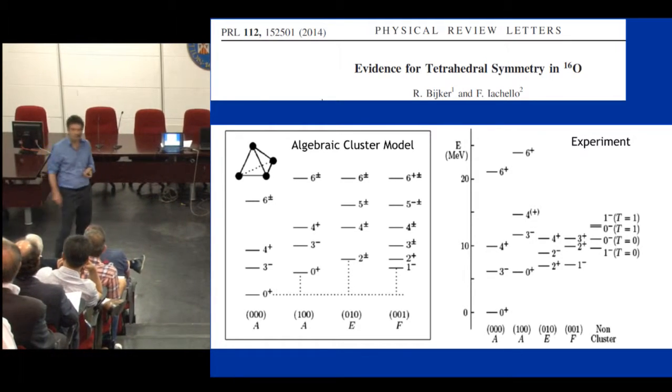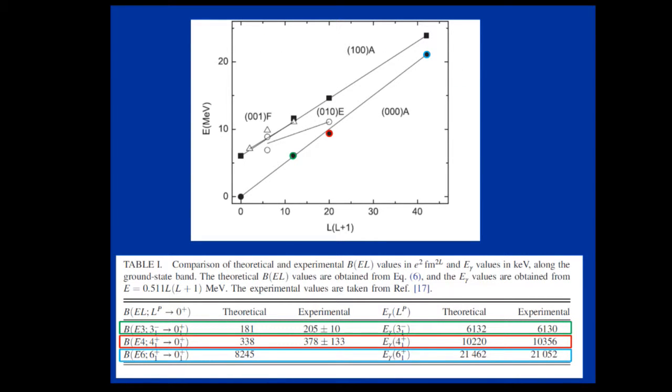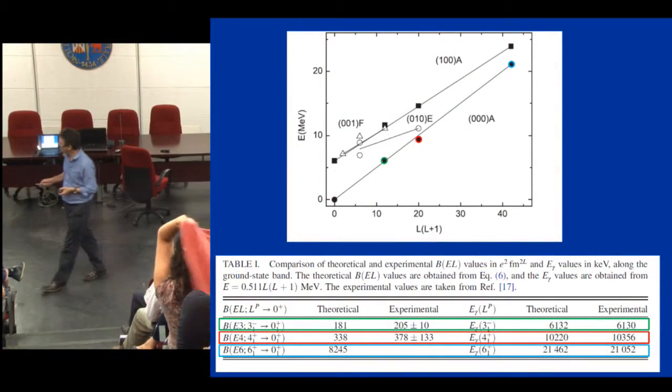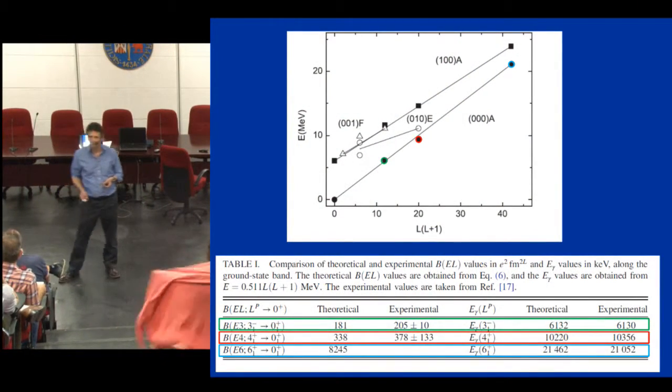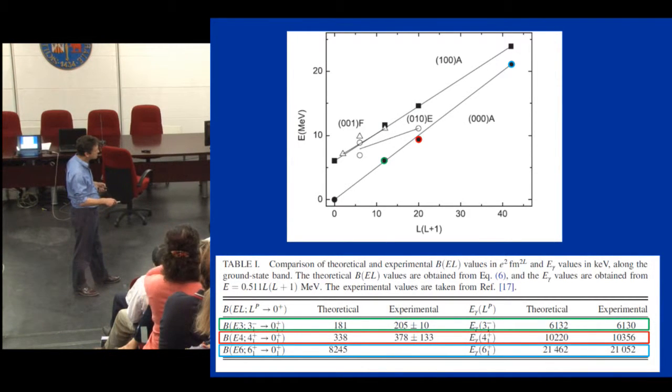And here you can see from Bijker and Iachello's paper, again, these 2 tetrahedrons arranged into rotational structures, 0, 3, 4, 6, 0, 3, 4, 6. And one can compare, based on this model, electromagnetic transitions. So here you can see the theoretical transition of this state here, the 3- to the ground state.